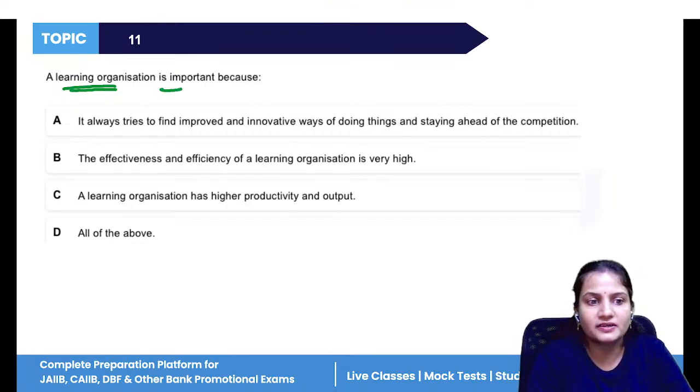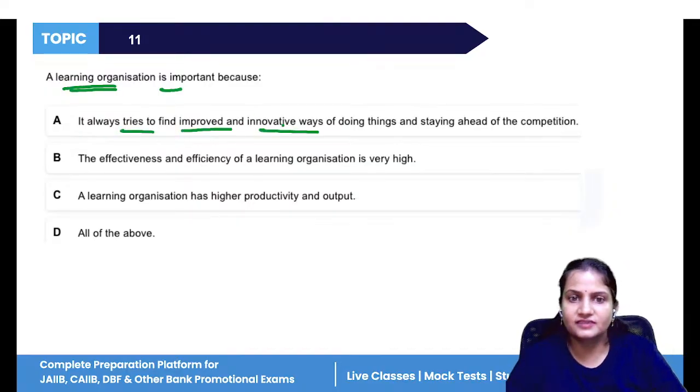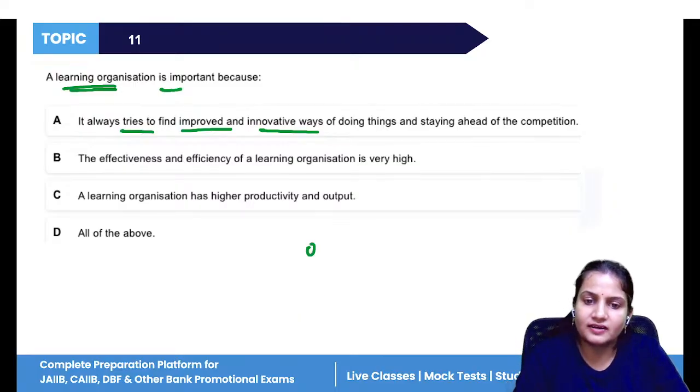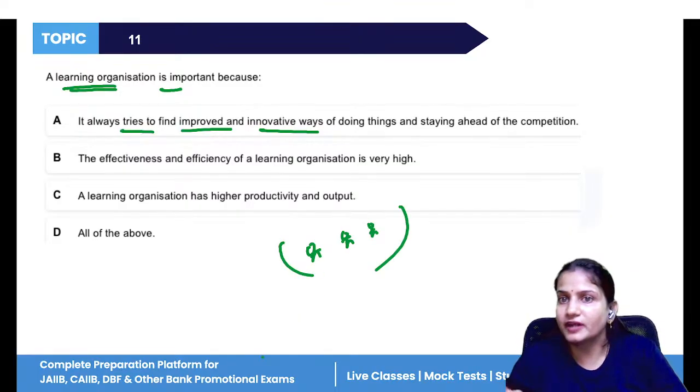Now, why is this important? It always tries to find improved and innovative ways. Yes, if there are 10 people in the company, those 10 people will give you different ideas. Now you have 10 new ideas, and whichever idea you feel you can go with, you can carry on with that idea. So different innovations are there.